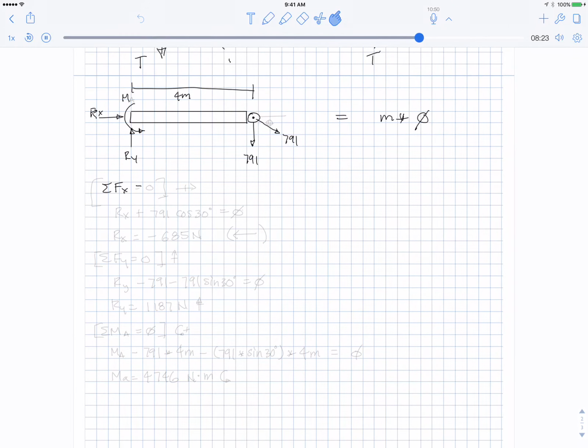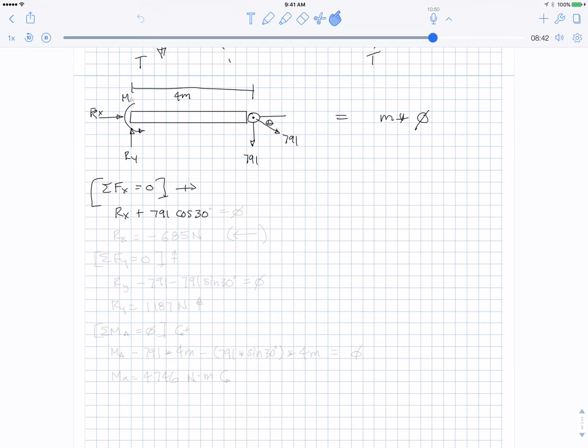Sum Fx equals 0. So you've got, take right positive, Rx plus 791 cosine 30 degrees equals 0, where that angle theta was 30 degrees.